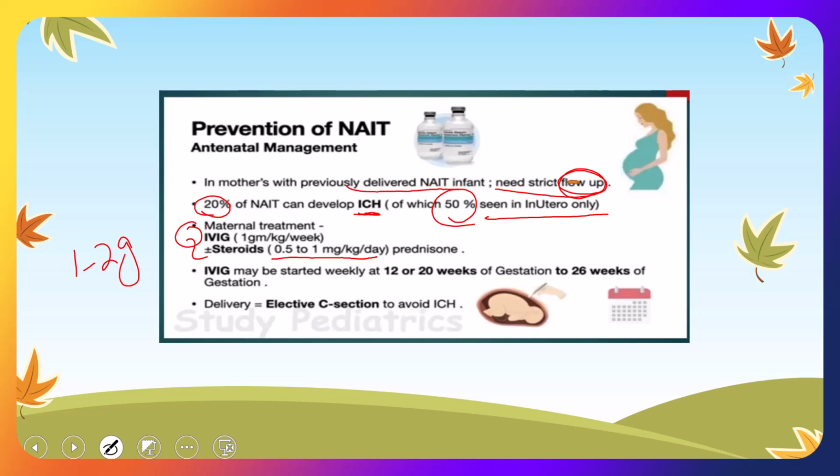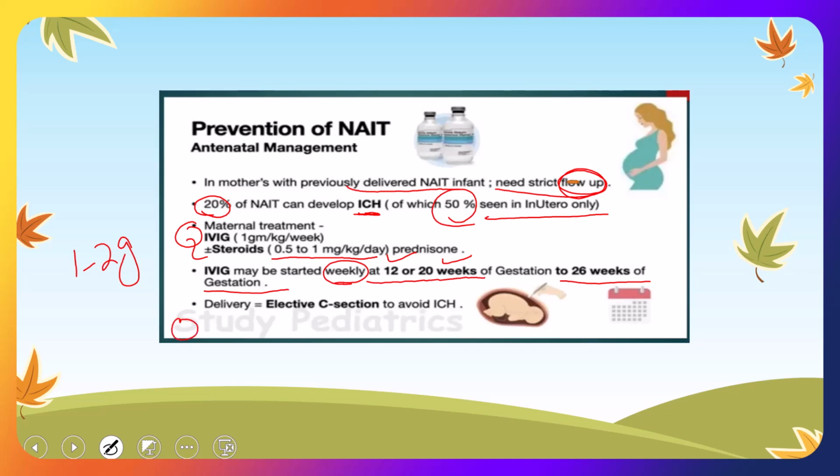When you start the intravenous immunoglobulin for the mother, it may be started weekly at 12 or 20 weeks of gestation till 26 weeks of gestation. Or you can carry on this management till the 3rd trimester as well.